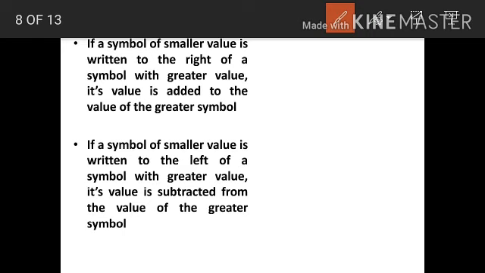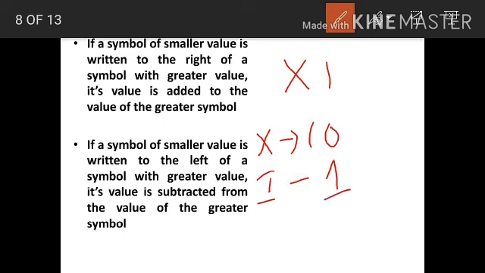Consider the symbols X and I. This is a combination of letters, isn't it? Here, X is greater than I. X has the value 10, while I has only the value 1. So, X is having a greater value and I is having a smaller value.